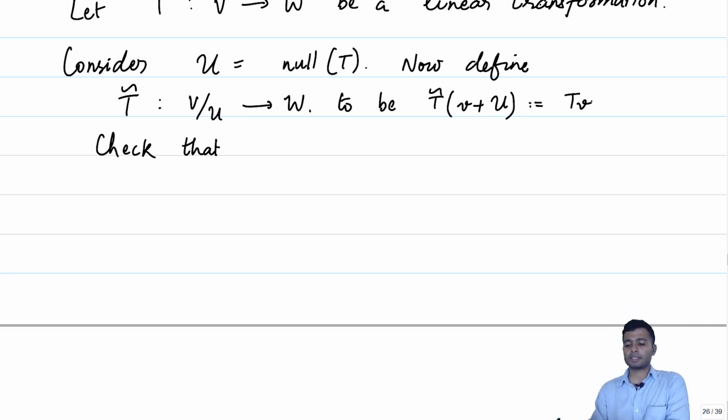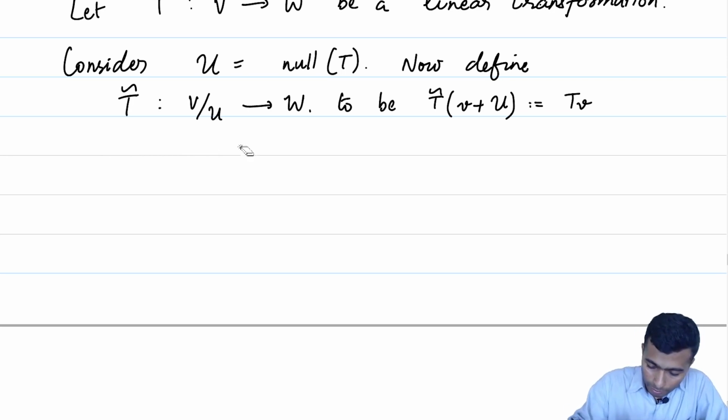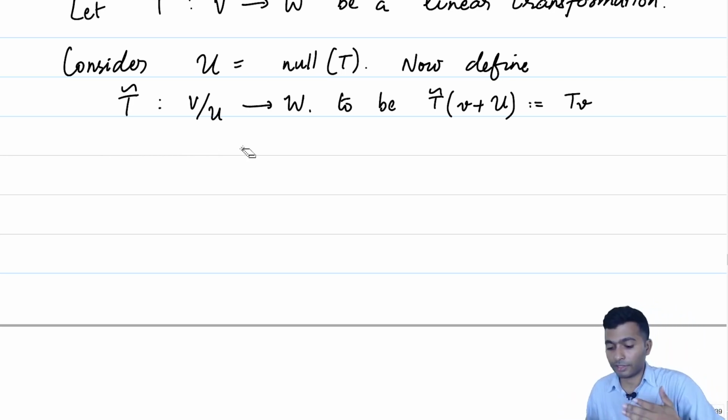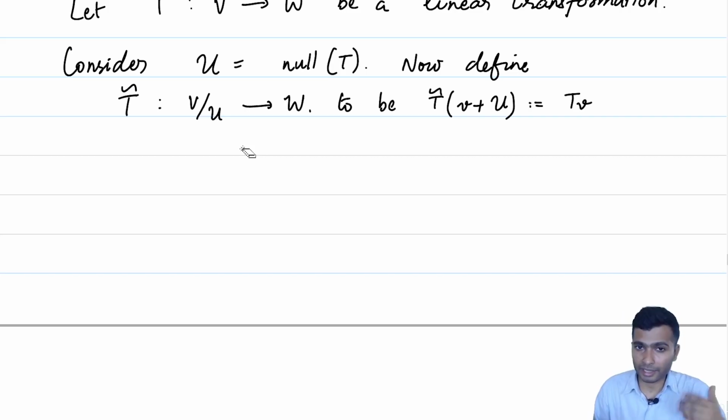Just send the corresponding affine subset to Tv. Before we check anything more, let's check that this definition makes sense. Again, like in the case when we were defining vector addition or scalar multiplication, we were worried about whether the choice made any difference, whether it will make sense to define it like this at all. Here also the same question is relevant, and the answer is it doesn't matter.